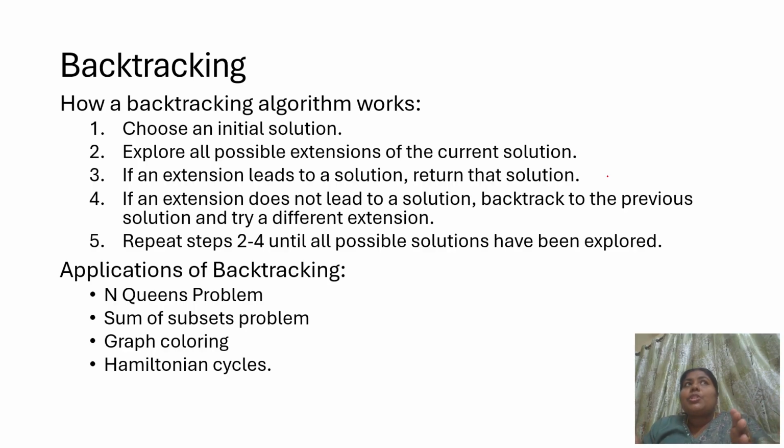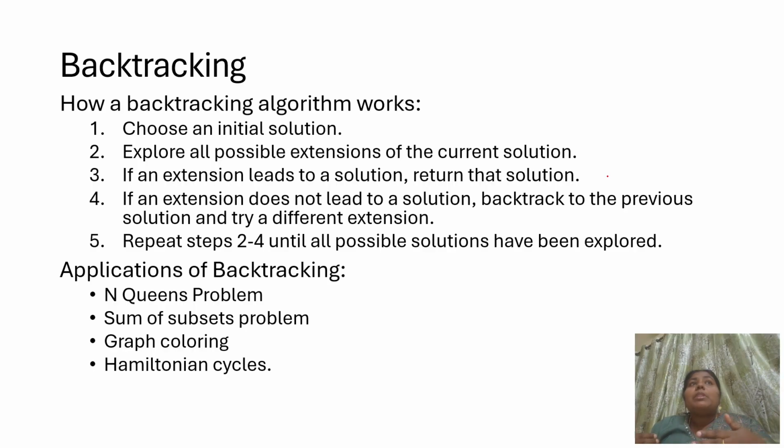If the extension leads to a solution, it returns the solution. If it does not lead to a solution, we backtrack to the previous solution and try another option. These steps are repeated again and again until we reach a possible solution. That is the normal case of backtracking.